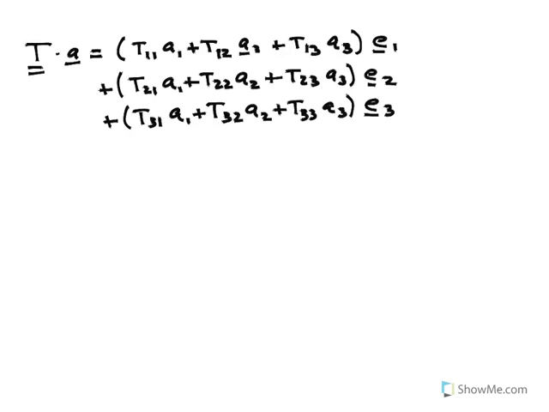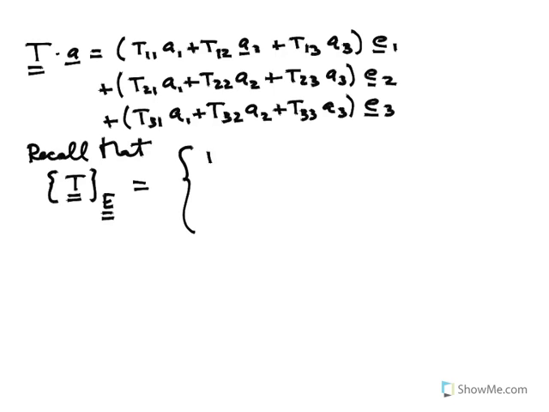So we can recall this from earlier. Recall that if we write T in this basis, which I called E, it's equal to this matrix: T11, T12, T13, T21, T22, T23, and T31, T32, T33.